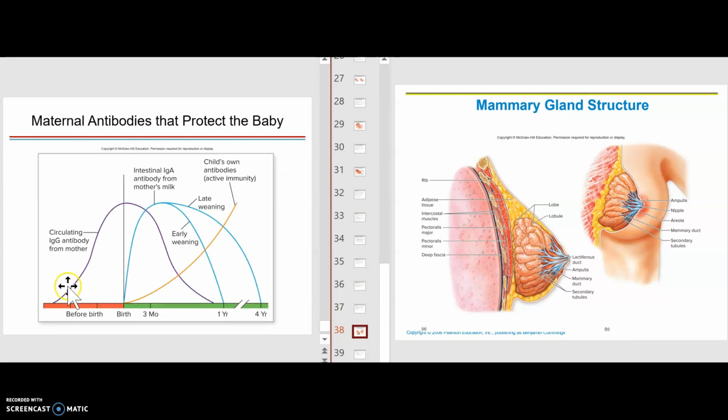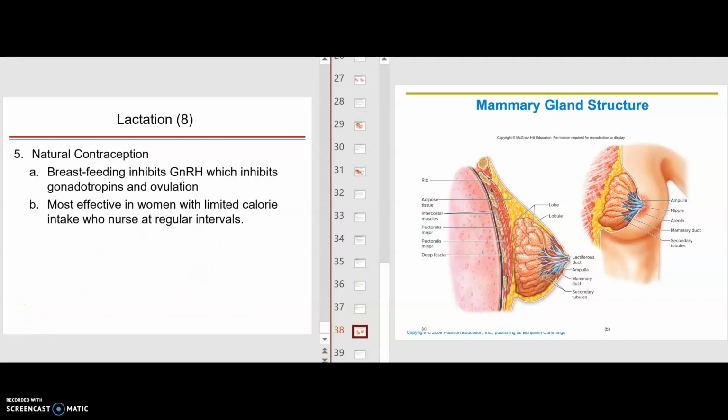Here you're looking at the chart of the antibodies, and you can review back in your immune section to assist. Natural contraception. When you breastfeed, it inhibits gonadotropin releasing hormone, which inhibits gonadotropins, FSH and LH, and ovulation.